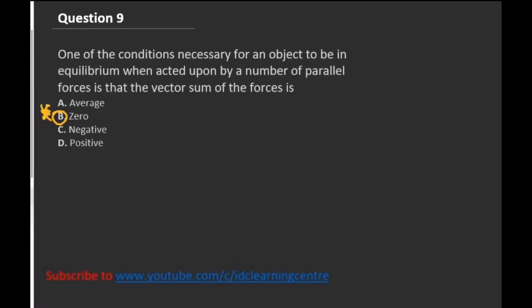Question 10. An object of mass 20 kg is released from a height of 10 meters above the ground level. The kinetic energy of the object just before it hits the ground is A, 200 joules, B, 4000 joules, C, 2000 joules, D, 500 joules. Kinetic energy equals mass times gravity times height.